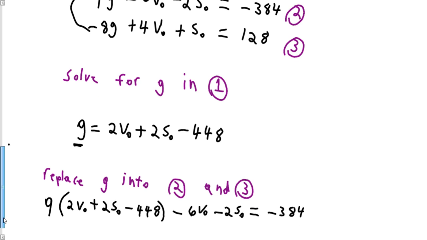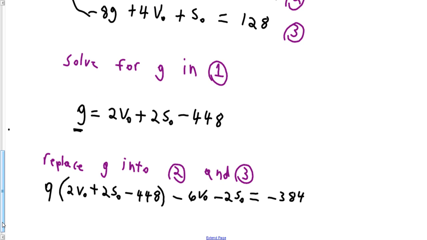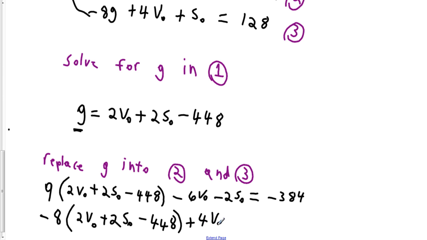Now I'm going to do the same thing with equation 3. So I'm going to have negative 8 times g, which is 2v naught plus 2s naught minus 448, and then it's going to be plus 4v naught plus s naught equals 128.